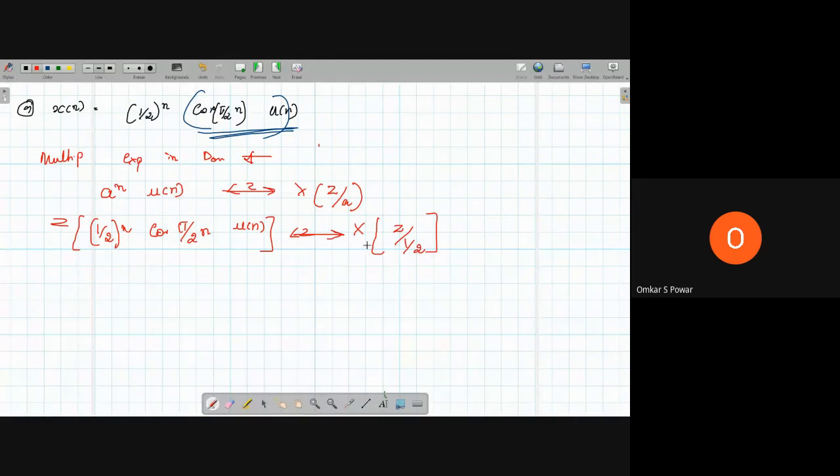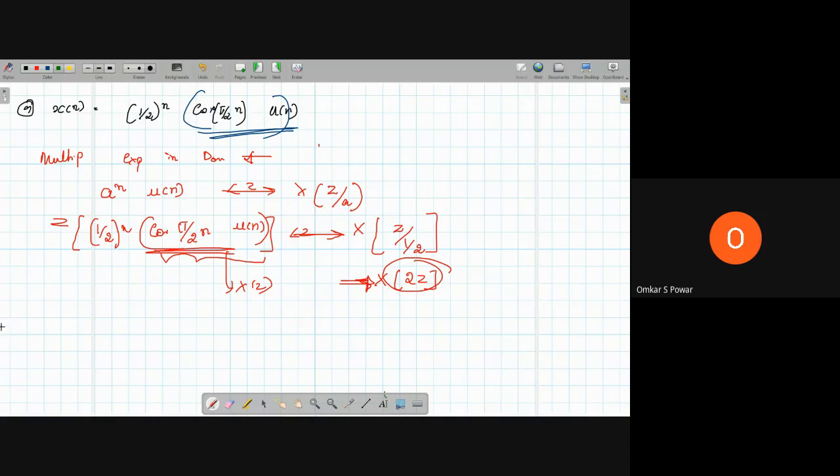Now we have to find x of z, which is the Z transform of this term, and then substitute. We can write it as half will go above, x of 2z. So first we will find the Z transform of this term, that is our x of z, and then substitute 2z instead of z to get the final answer.